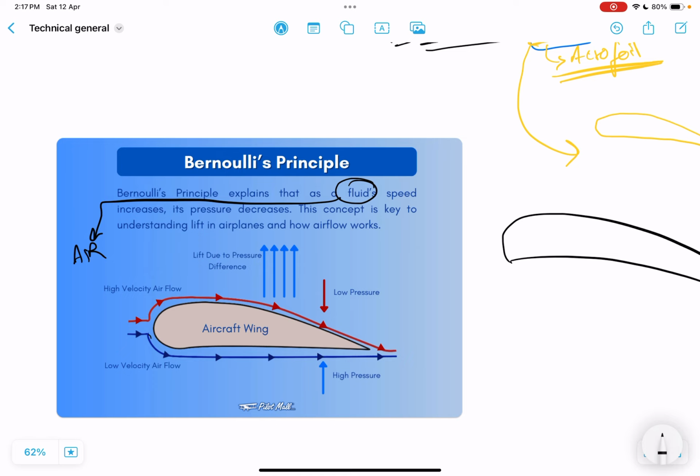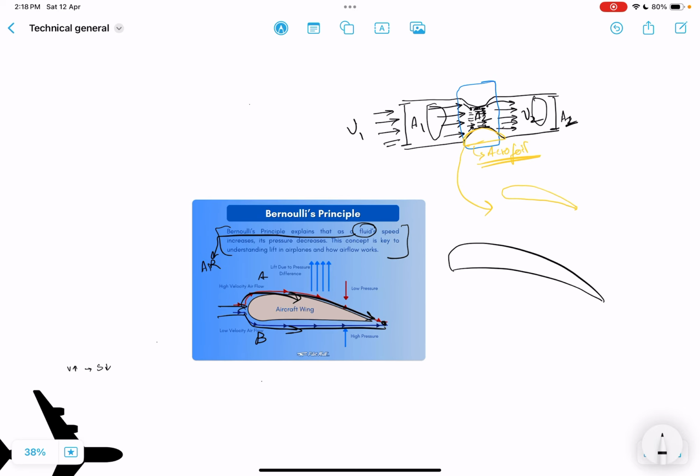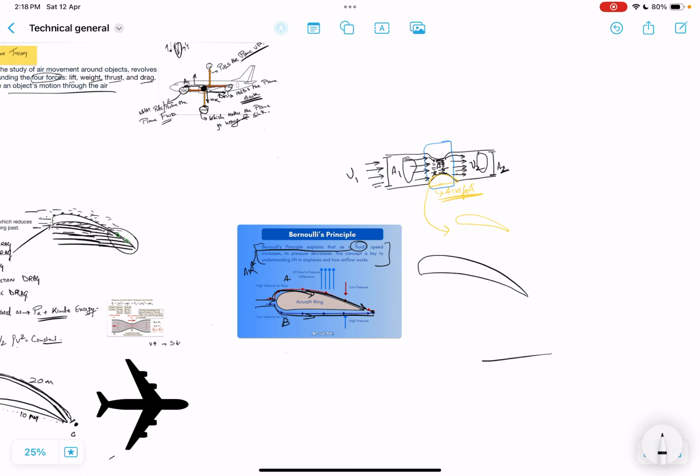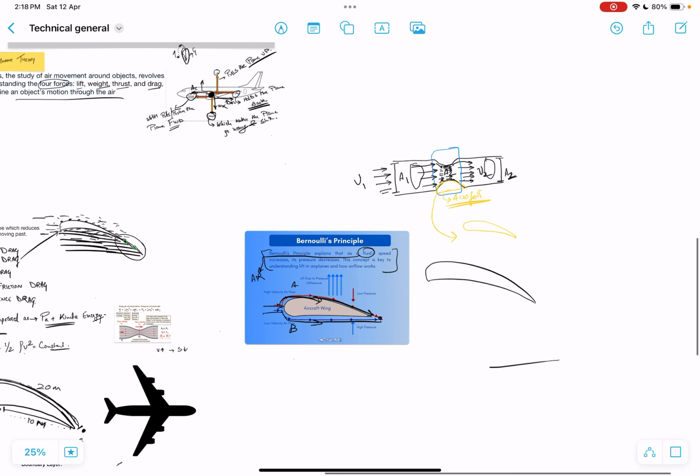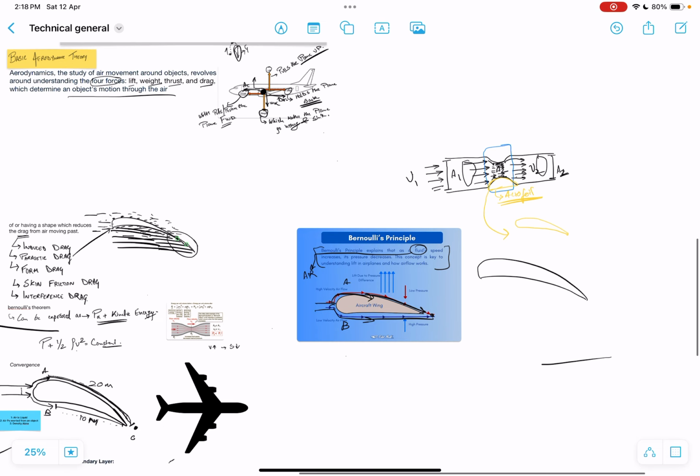The key concept is to keep understanding lift on the airplane and how airflow works. It's basically what they're stating: as we discussed, the two molecules that are coming along got separated, one above, one below. They need to meet at one equal point. So the molecule at point A will have to travel faster than point B, hence creating more speed or more velocity, whatever is better for your understanding.